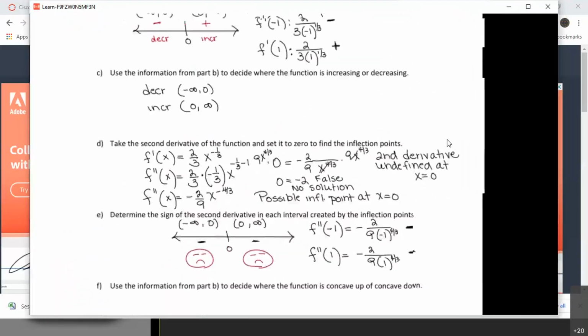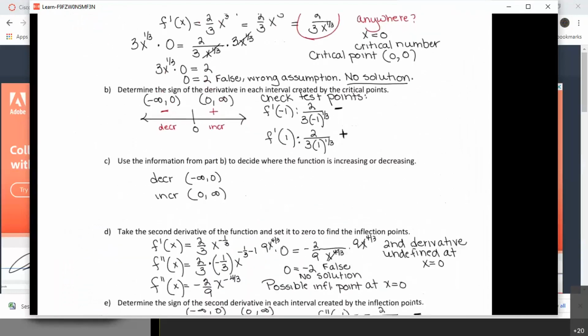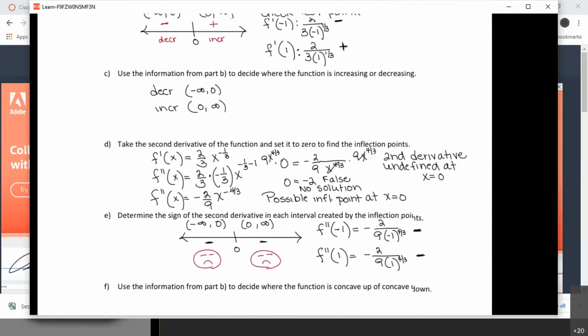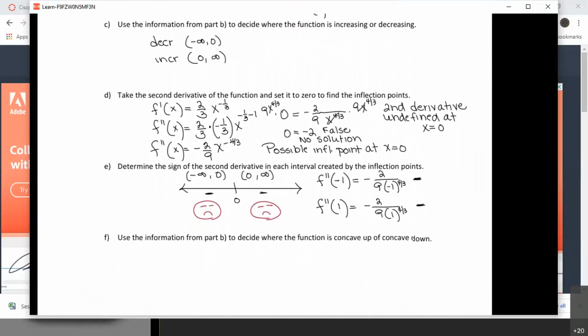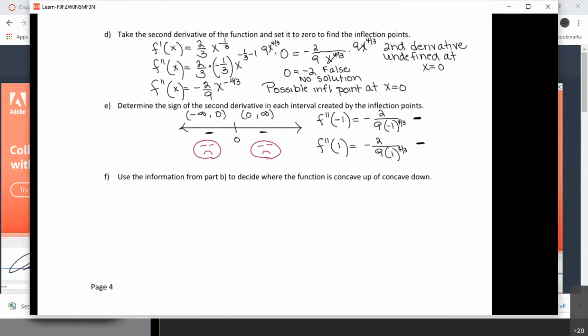But I have a critical point at the origin. It decreases down to my critical point, and it increases away from it. So what could that graph possibly look like? Here's my graph. Here's my origin.